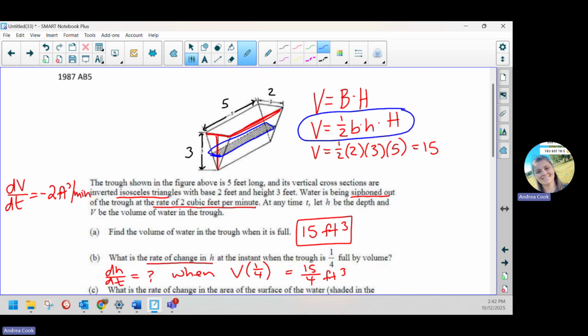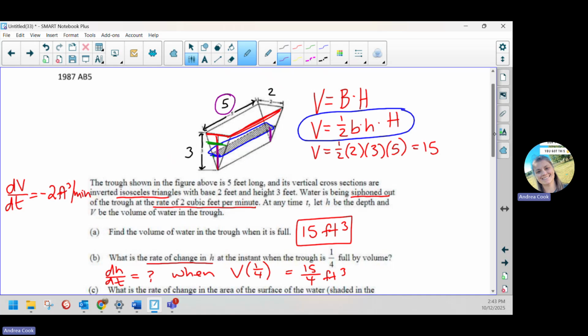Whether I was down here or up here, those are different lengths. What's also going to change is the height to the water. So depending on where you are, that changes. But this 5 is not going to change. It's going to remain constant as the water empties.